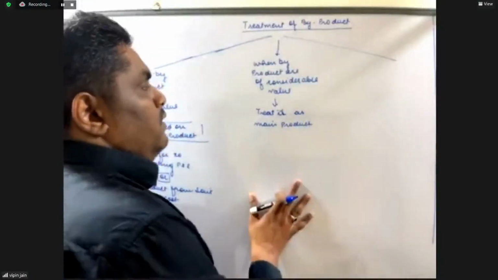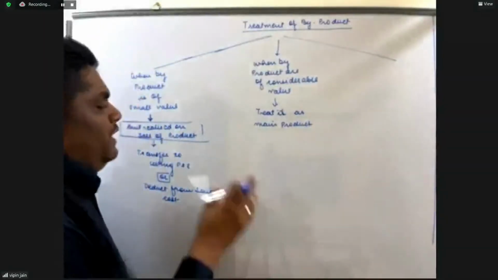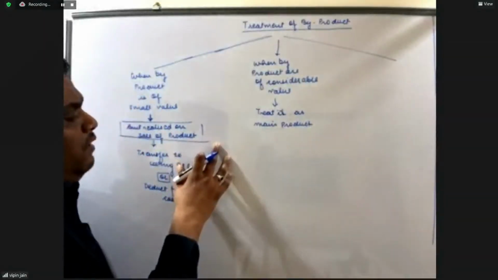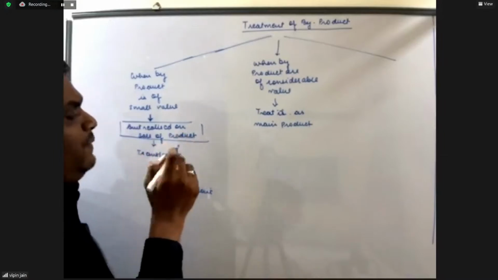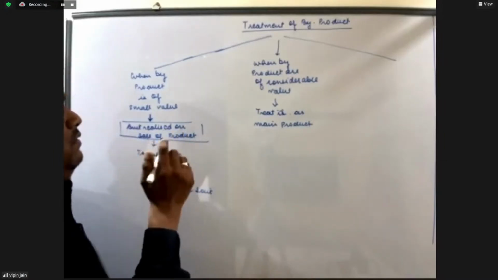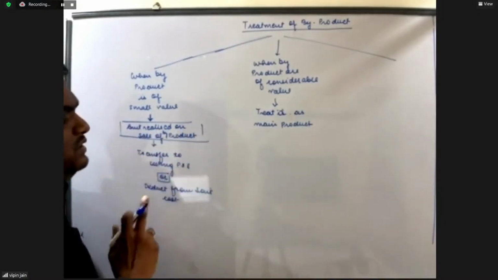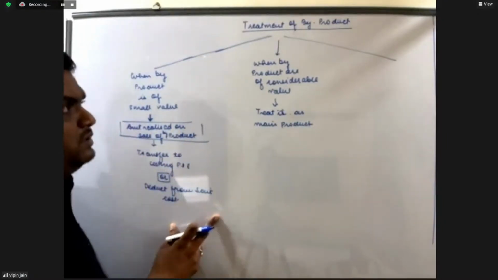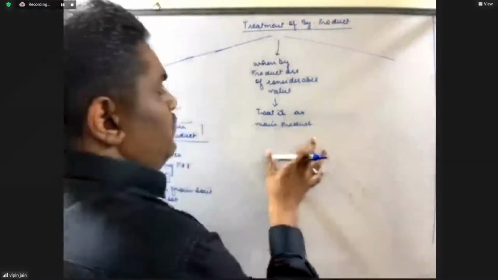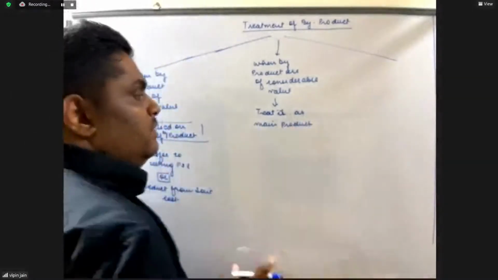Now, if they are of small value, then the amount realized on sale of byproduct, either transfer it to costing P&L or deduct from the joint cost. When they are of considerable value, treat it as a main product.